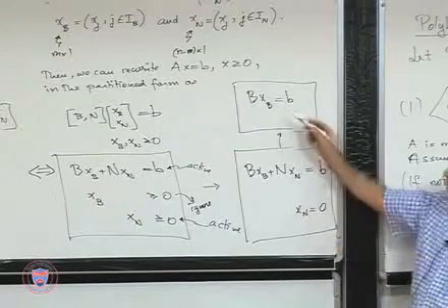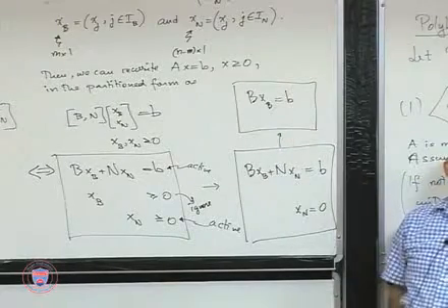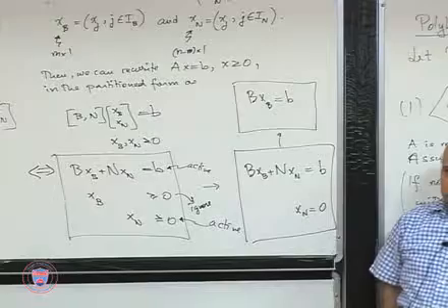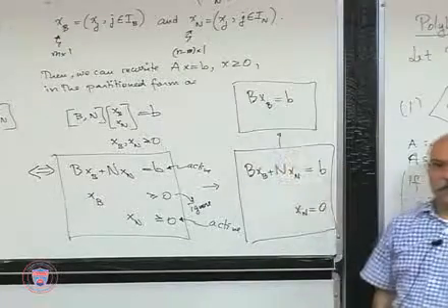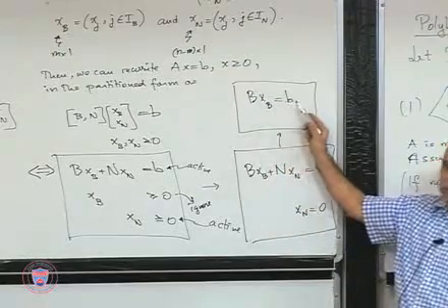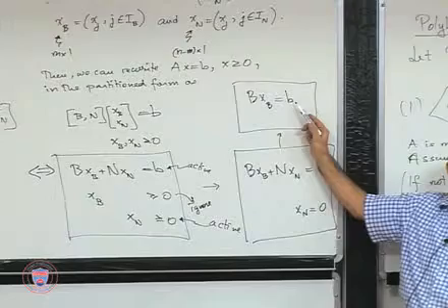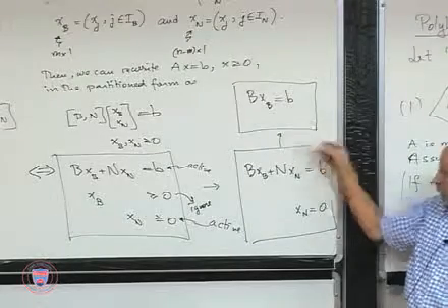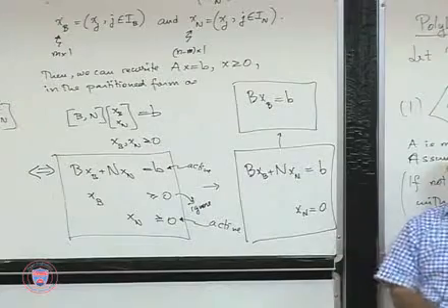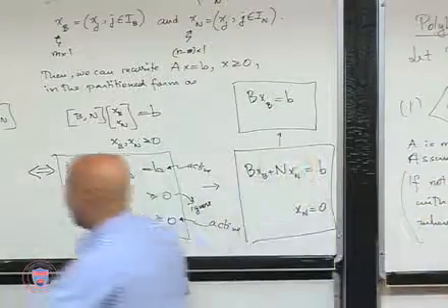And of course, that means the columns of B must be linearly independent. Otherwise, it doesn't work. If the columns in B happen to be linearly dependent, you either have no solution here, or you have multiple solutions. But in both cases, you don't have a unique solution. You want a unique solution here in order for this to be basic.